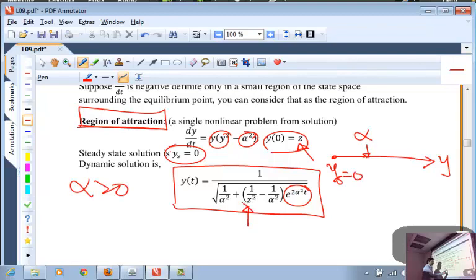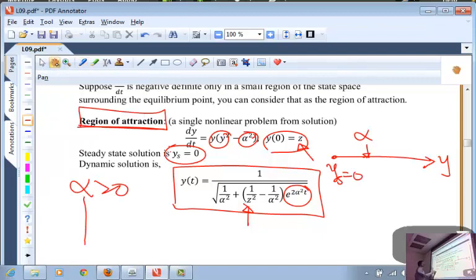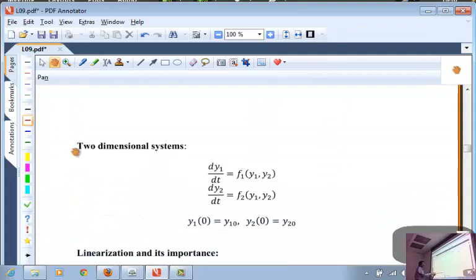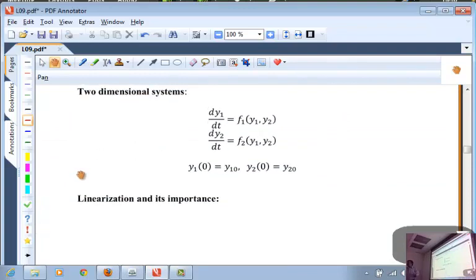So there is a region of attraction for each steady state solution. That's the point we want to drive home with this example. The concept of a region of attraction, multiple steady states, etc., you should be familiar with.